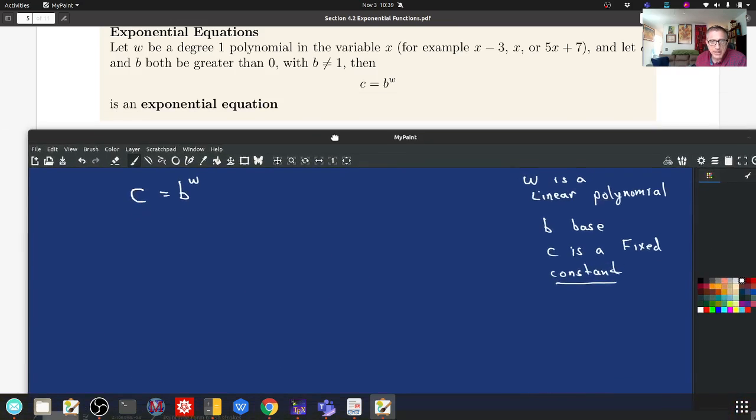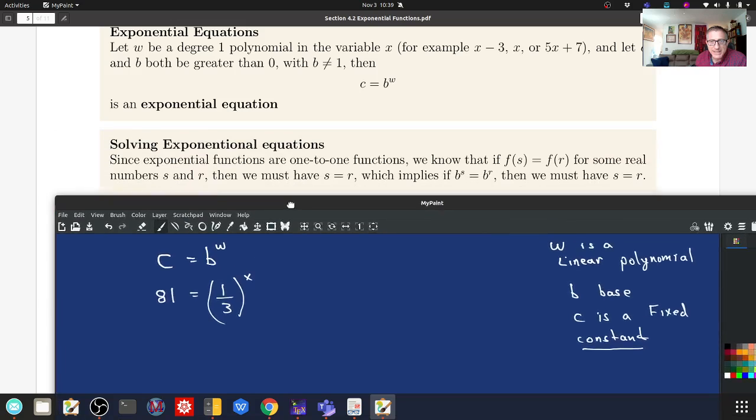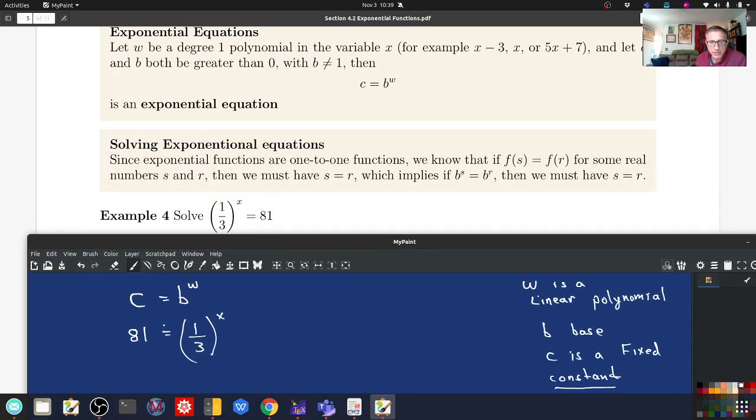So we're given down here 81 is equal to 1/3 raised to the x. But notice I did not give it to you that way. It's given to us in the book reversed around. So w is the polynomial x. It's a linear polynomial. I just flipped things around because this is an equality. I can move the 81 and the 1/3 across. It doesn't make any difference. So in this case, c is equal to 81.